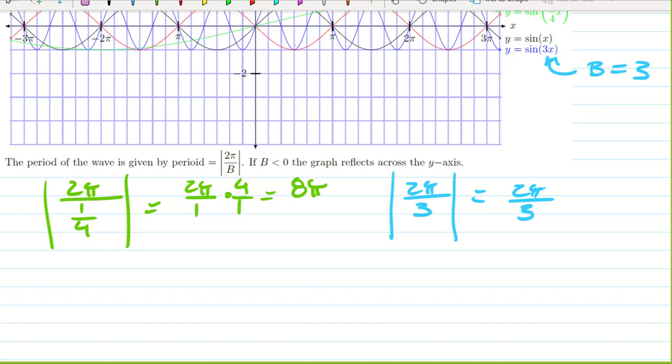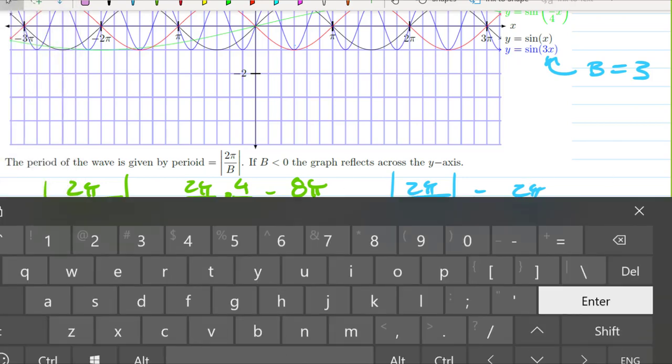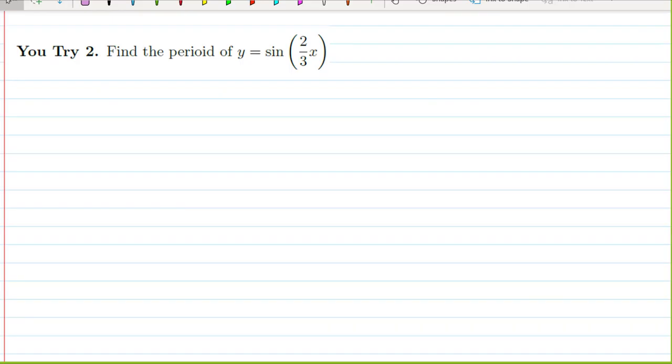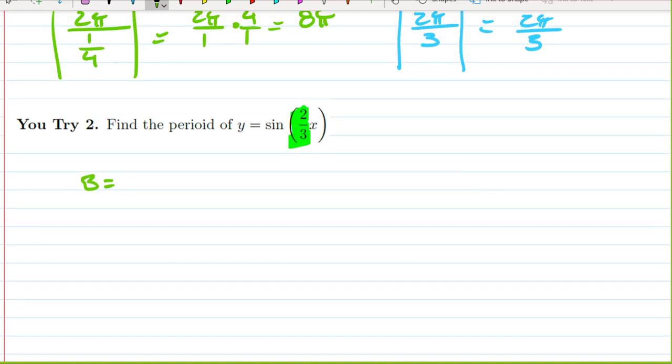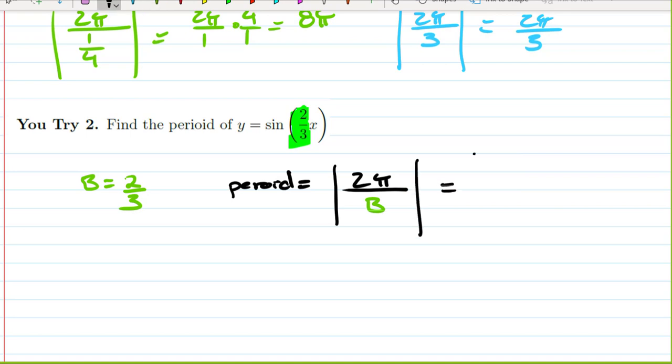All right, it's now your turn. To find the period of this, the first thing we need to do is identify our b. Our b value is going to be 2 pi over 3. Then our formula for the period was the absolute value of 2 pi divided by b. So in our case, this is 2 pi divided by 2/3.